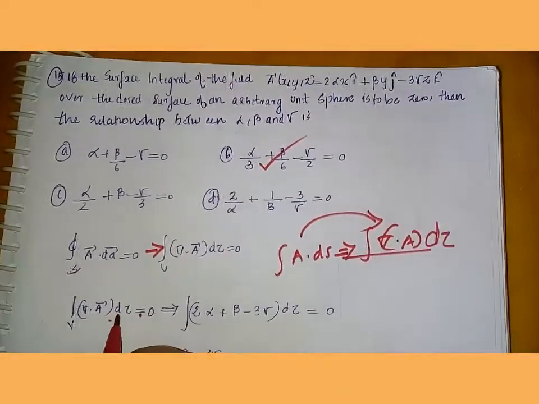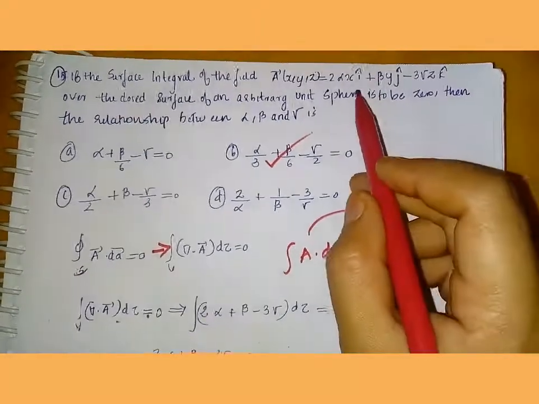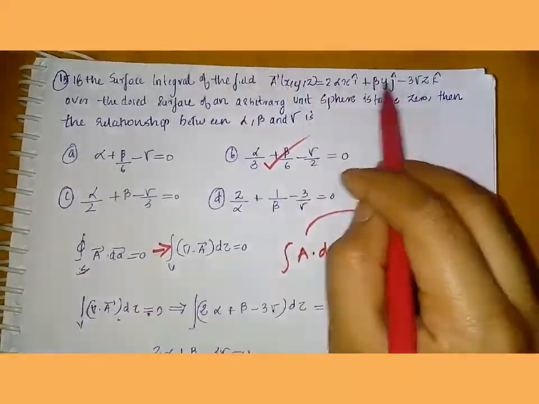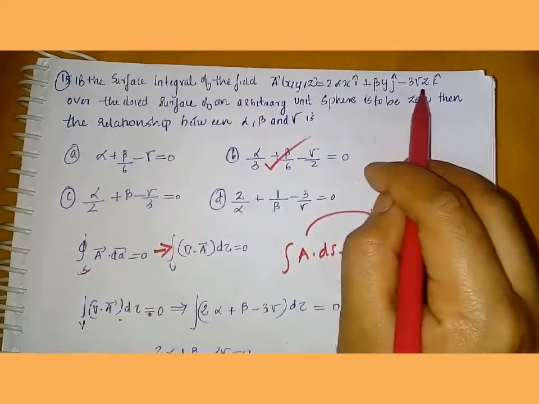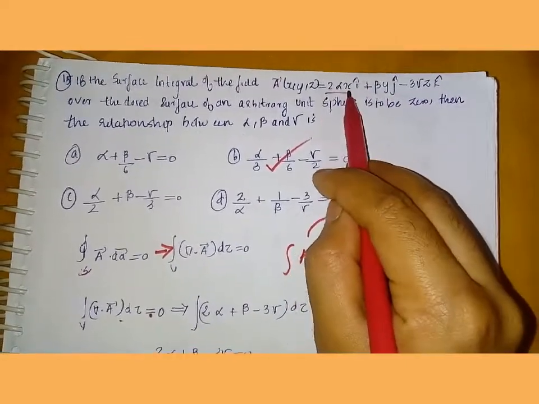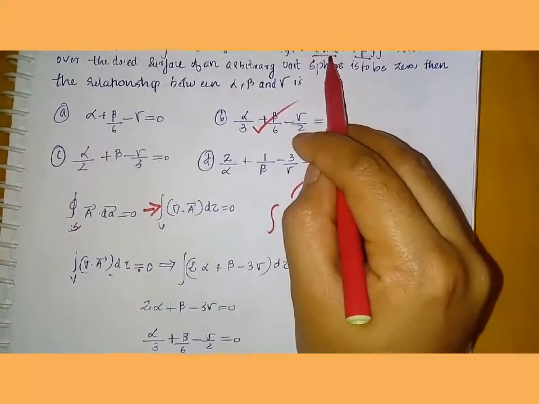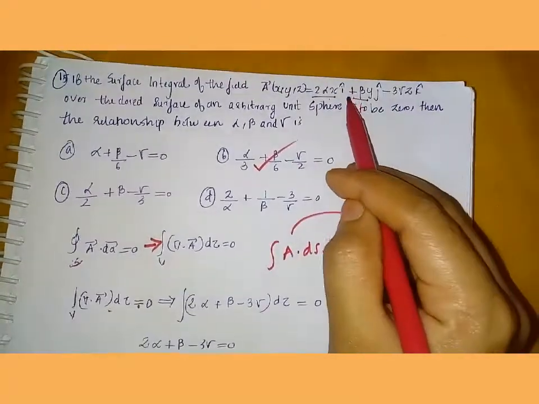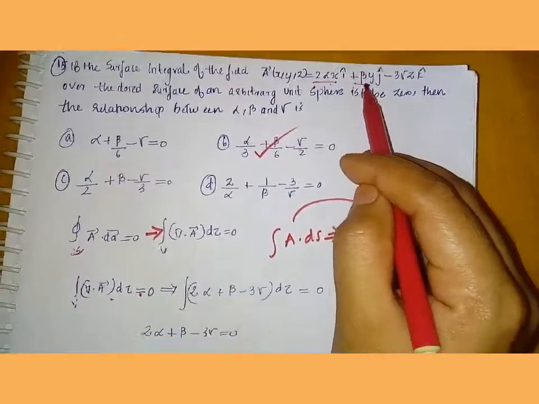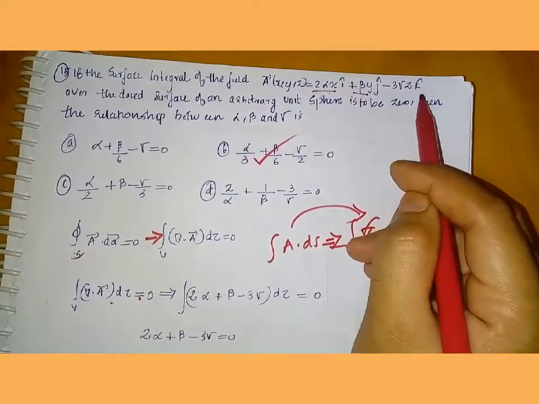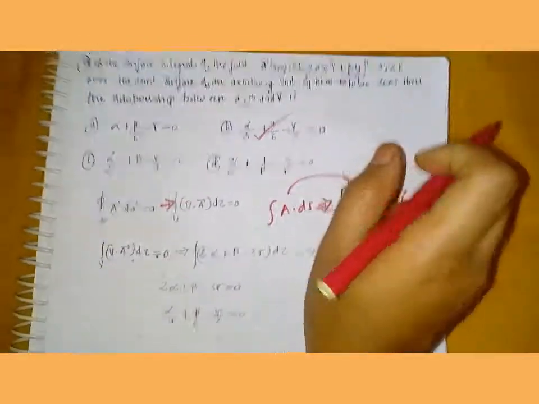We have to find the divergence of this vector, that is (2 alpha plus beta) j cap, (2 alpha plus beta minus 3 gamma). We get the answer from this.